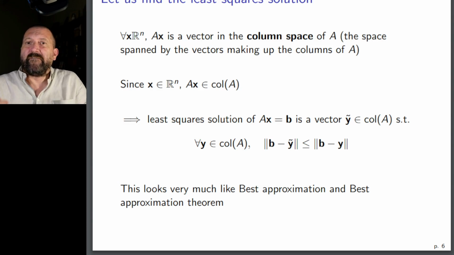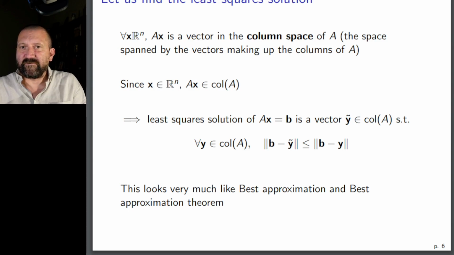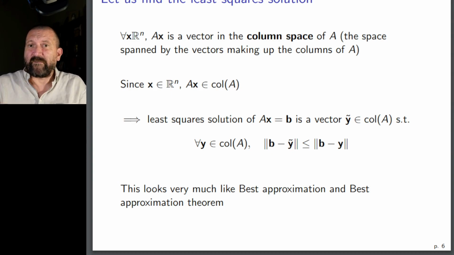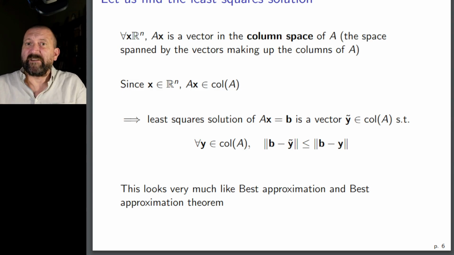This means that a least square solution of Ax equals b is a vector y tilde that's in the column space of A. That means that for any other vector y in the column space of A, because remember, y is equal to Ax essentially, I'm going to have that the norm of b minus y tilde is less than or equal to the norm of b minus y.